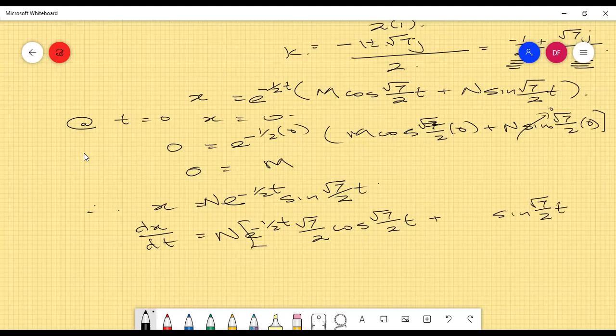So we're going to get minus, when you differentiate an exponential function, what is in front of t comes in front, so that's minus a half e to the minus a half t.